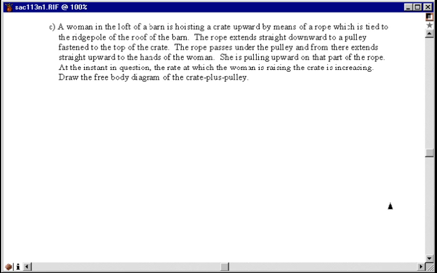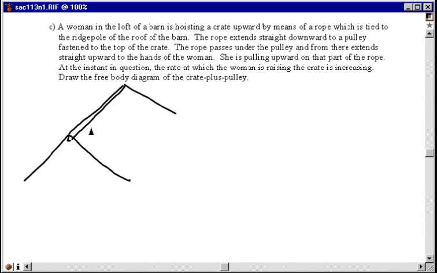A woman in the loft of a barn hoisting a crate upward by means of a ridgepole. If we look at the roof of a barn, I am going to draw a sketch here to start with. This beam, this horizontal beam that runs along the ridge of the roof, is referred to as the ridgepole.